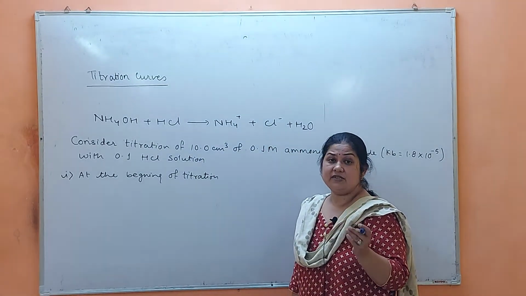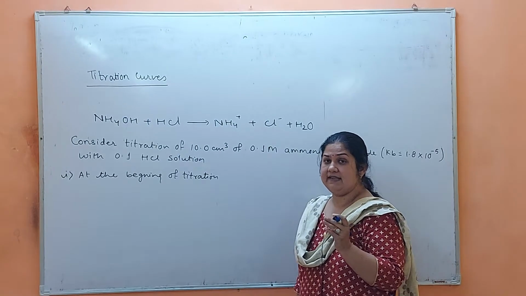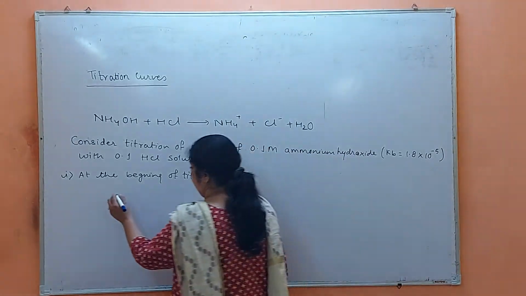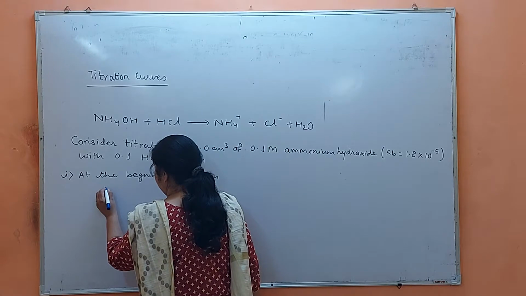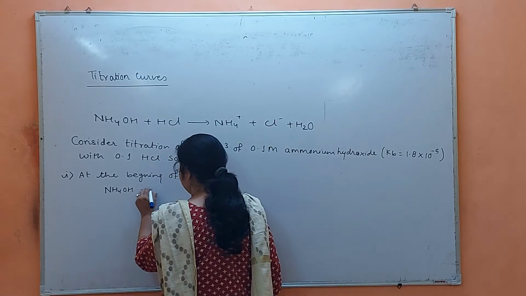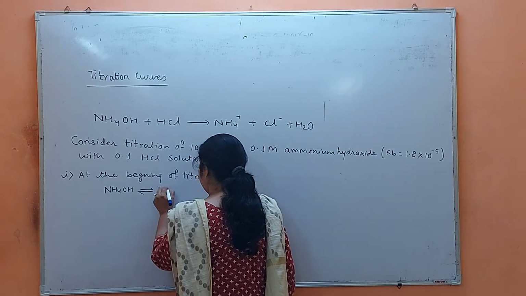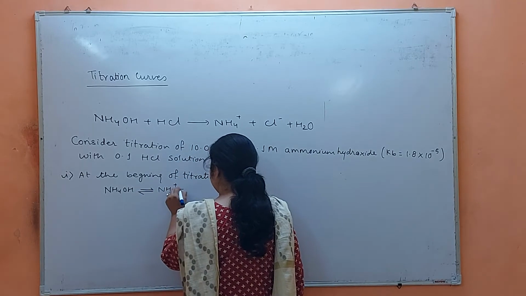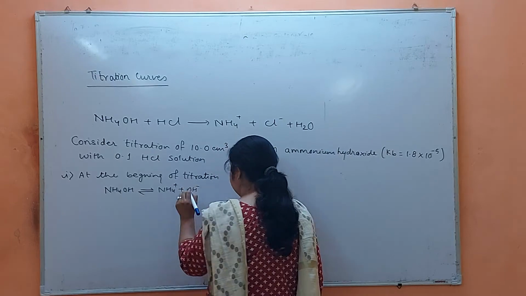So at the beginning there is only NH4OH, which will dissociate to give you NH4+ and OH minus ions.